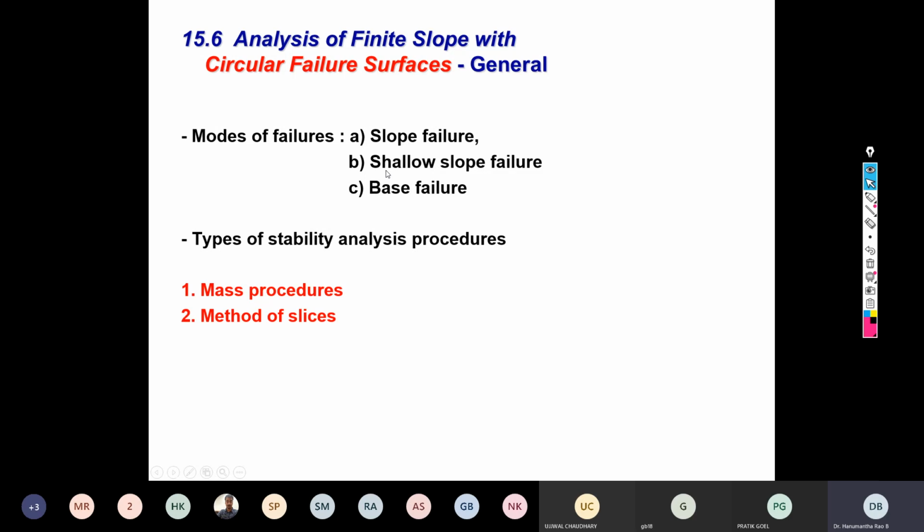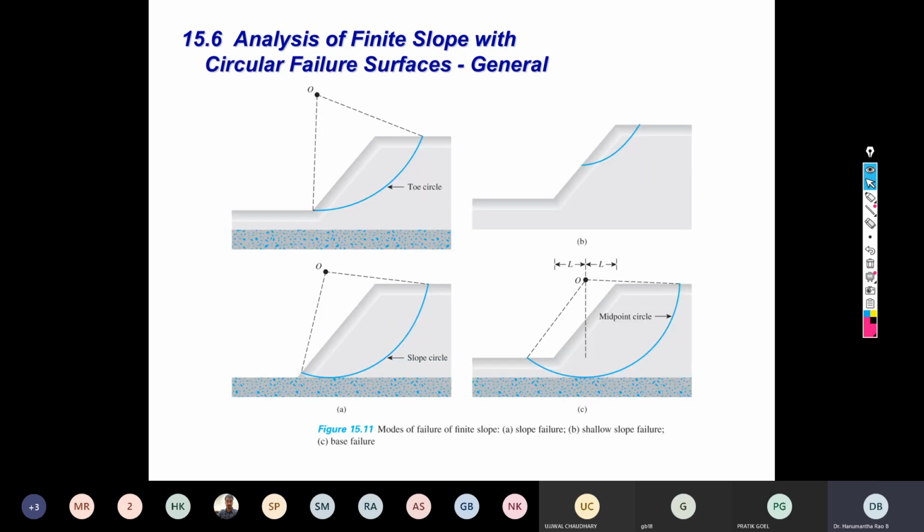The modes of failure, everybody knows. When you talk about a slope or an embankment, it can fail in three ways. The failure may be confined to the slope itself, or the failure plane may pass through the toe, or the failure plane may pass through the base of the embankment.